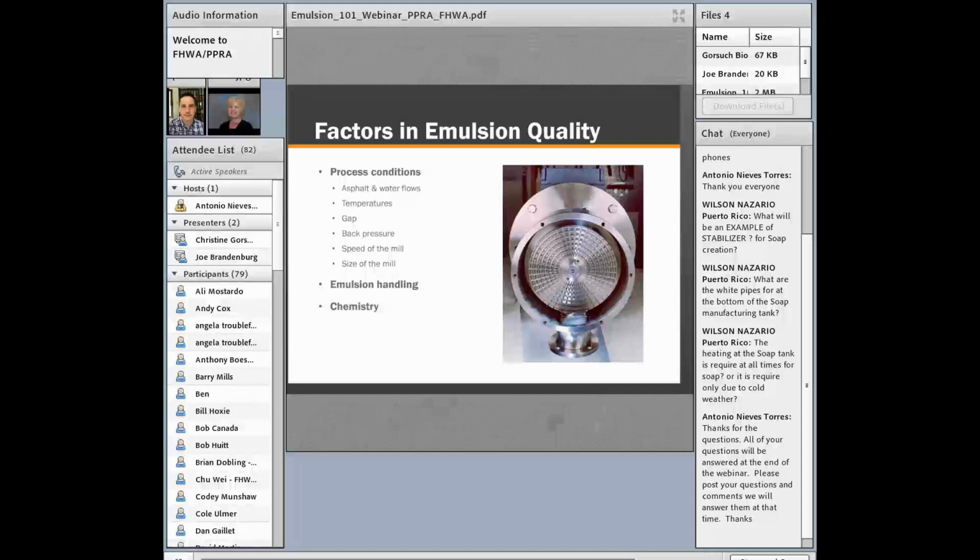Back pressure. That's another aspect that can definitely affect the quality of your emulsion. You really want back pressure from the very beginning to the very end to be consistent. Speed of the mill, that's the rotation or the RPM of the rotor. I don't know too many production mills that you can change the speed of the rotor, but that can definitely affect the quality of your emulsion, and then also size of the mill.